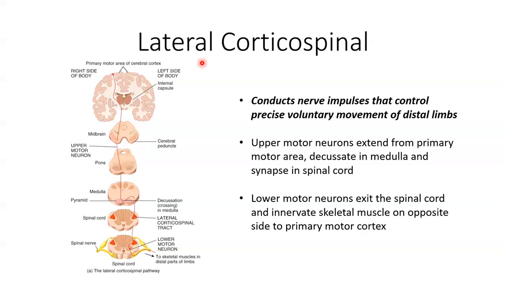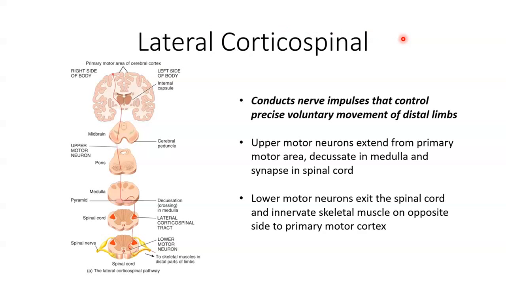The remaining 10% will descend to the spinal cord on the same side and then decussate at the level where they synapse with the lower motor neuron and exit out through a spinal nerve. The lateral corticospinal tract, which is the one we're showing here, is made up of axons that do decussate in the medulla.